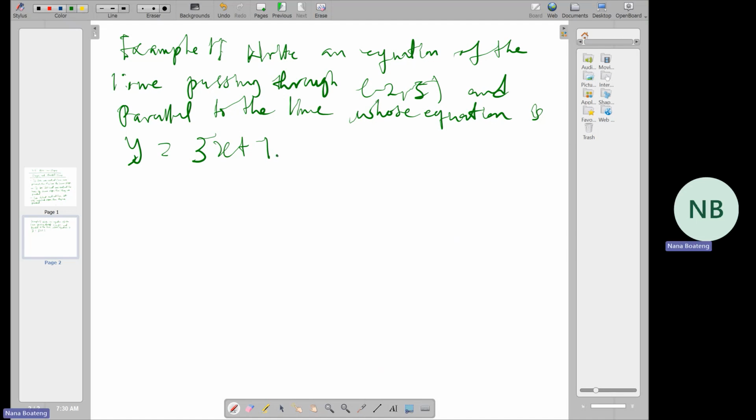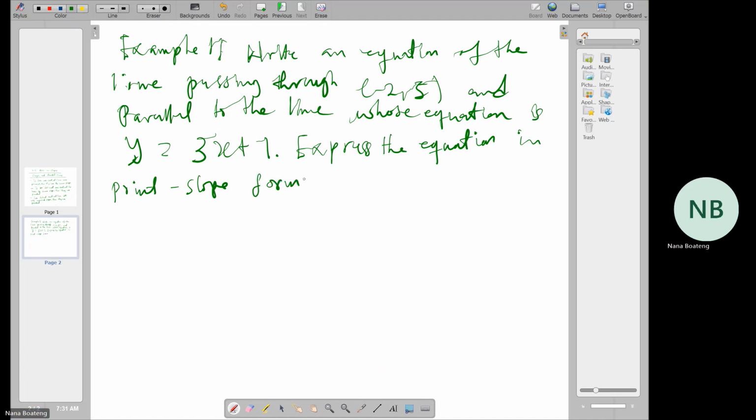Express the equation in point slope form and slope intercept form.